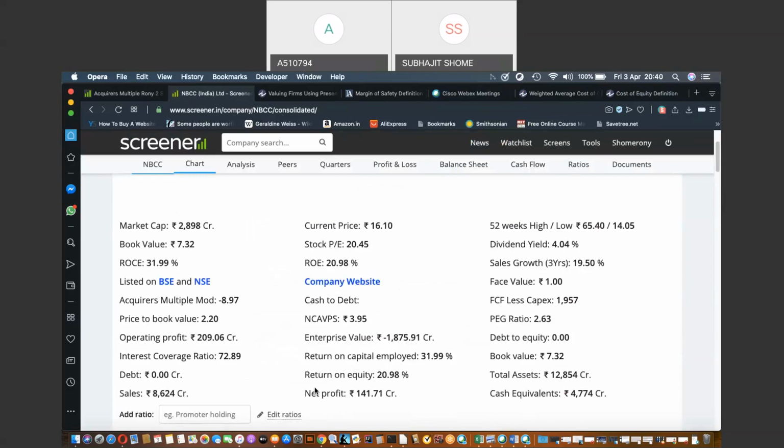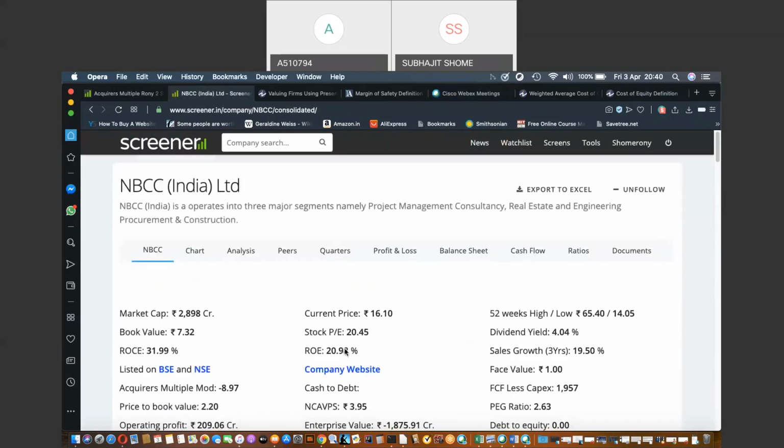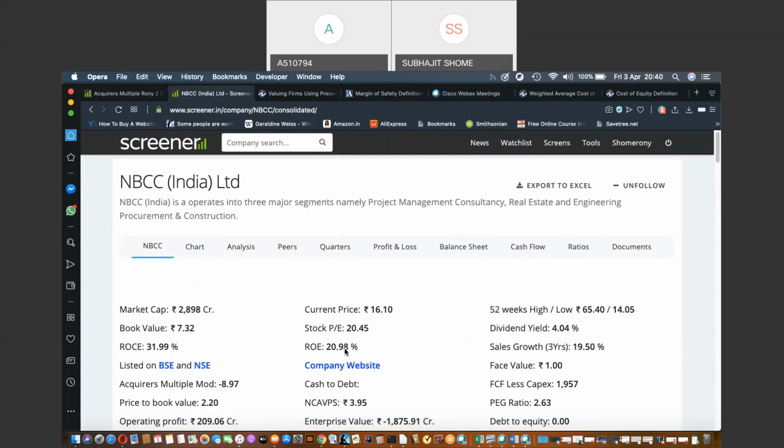Dividend per share is given. We had calculated dividend per share, remember, from dividend yield. 4.04% is equal to X divided by net profit or earnings per share.